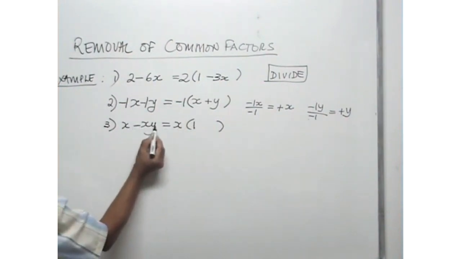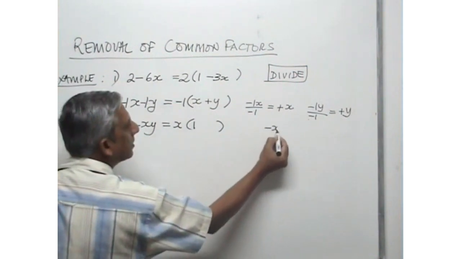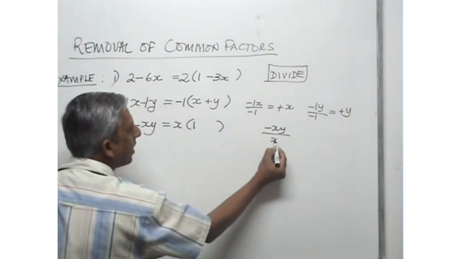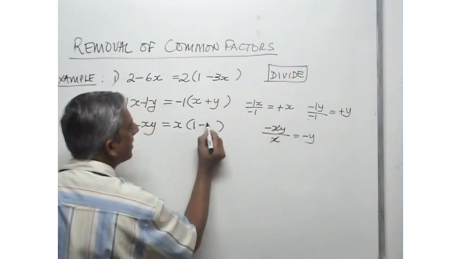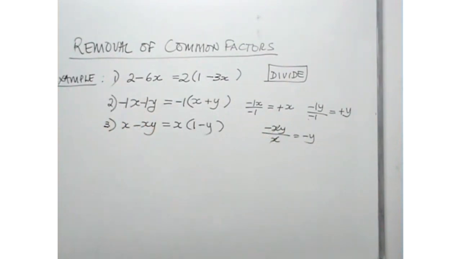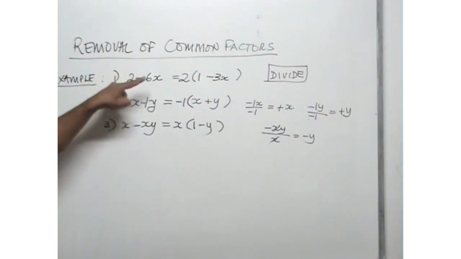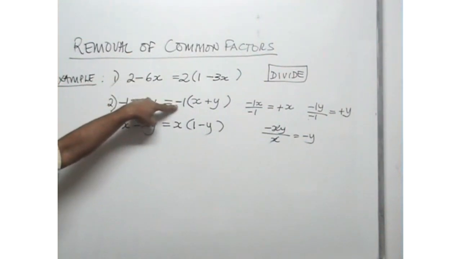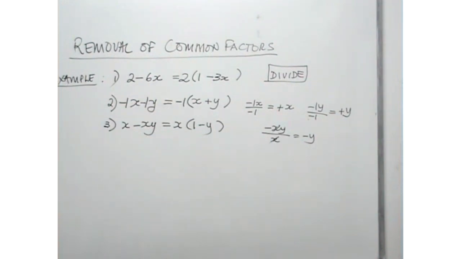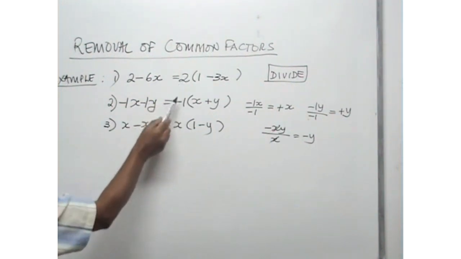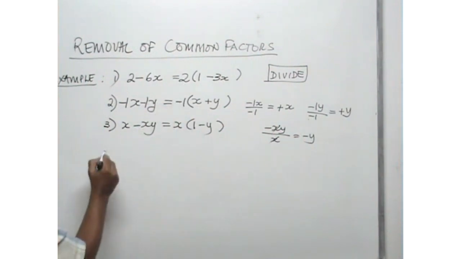You divide minus xy by x. What are you left with? You're left with minus y. So, common factor 2, common factor minus 1, common factor x. So far you can see the common factor can be a number or a letter.